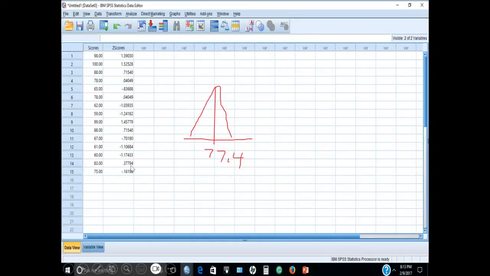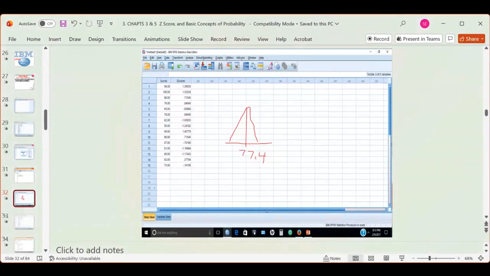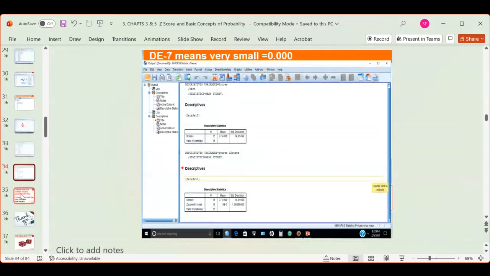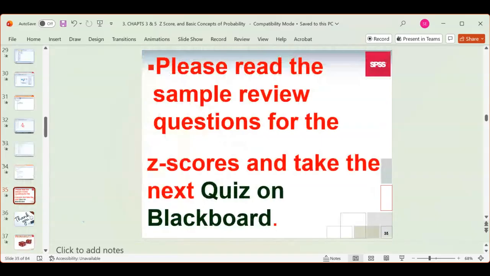It tells us exactly where all these students, 1 to 15, are located in that class distribution of their exam. So that's about it for z-score. Please read the sample review questions for the z-score and take your next quiz, which is on z-score, on Blackboard.